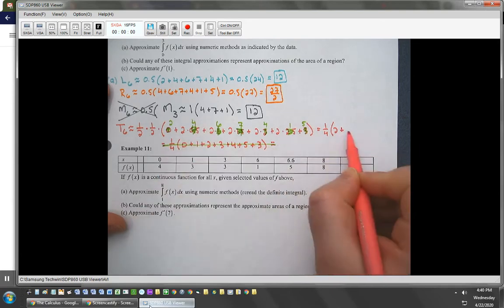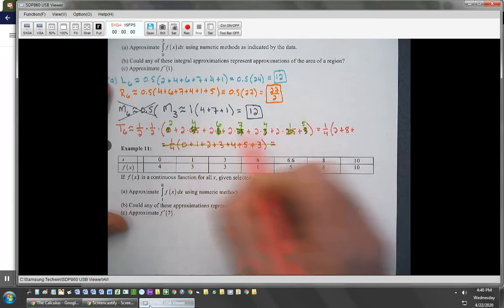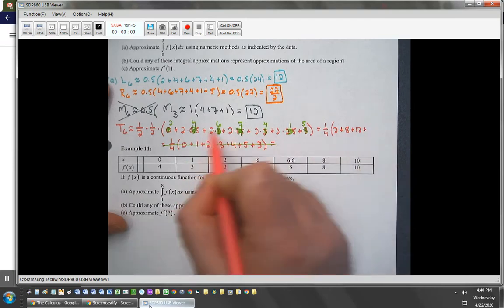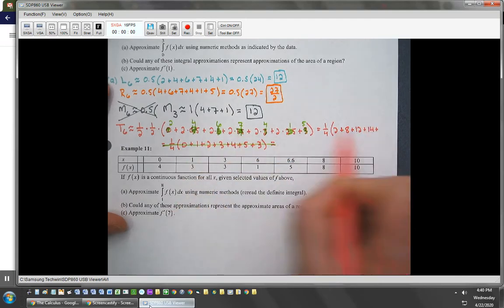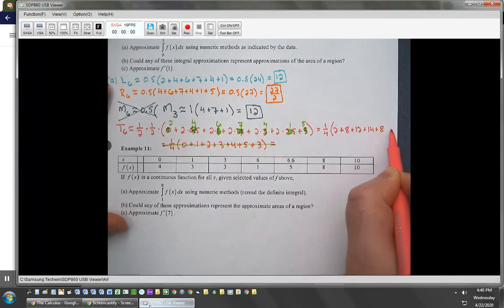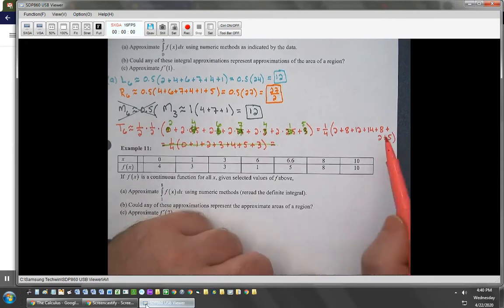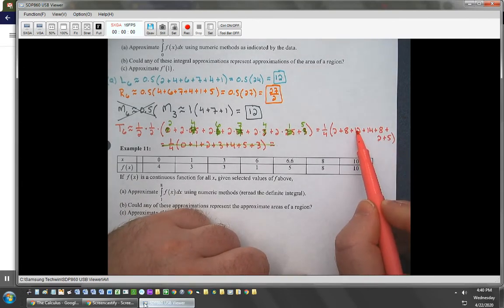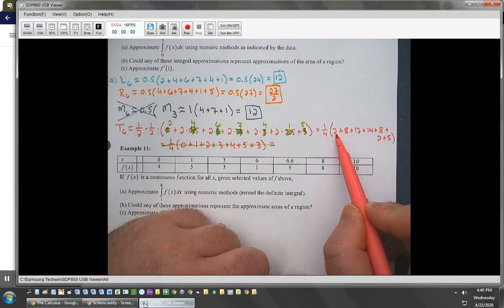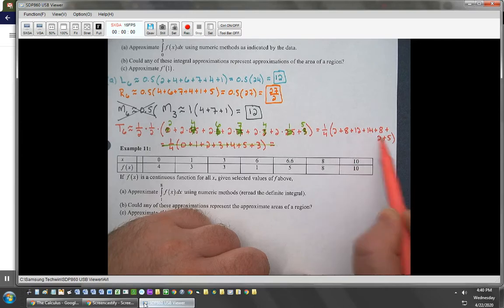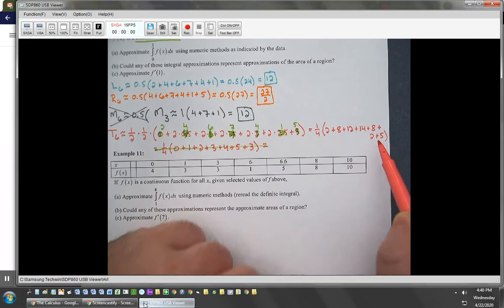Plus 2, so that's 8. Plus 12. Plus 14. Plus 8. Plus 2. Plus 5. Let's see here. So that's 20. That's 30. That's 44. That's 49. That's 51.